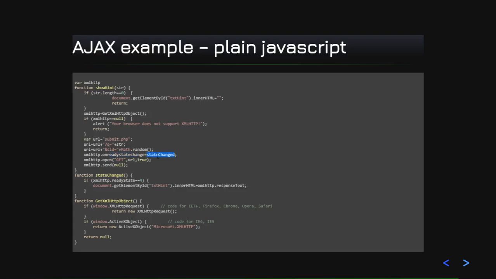It just checks whether the state is 4, which means everything went okay, return code 200, and the result returned by the HTTP server will be in the response text of the XML HTTP object here, and I just display it in a div in the current document.